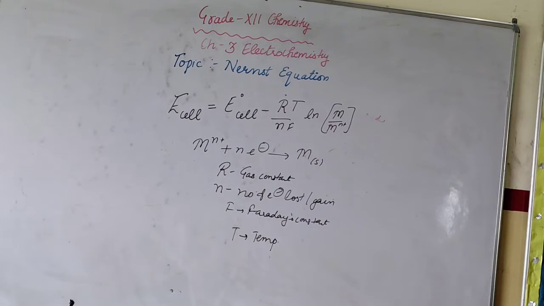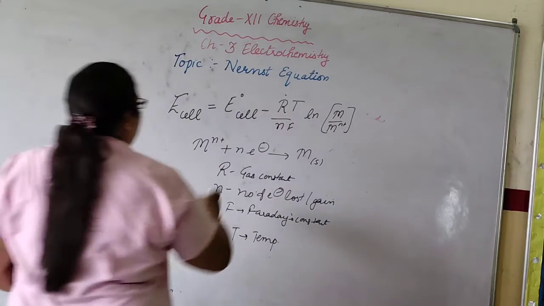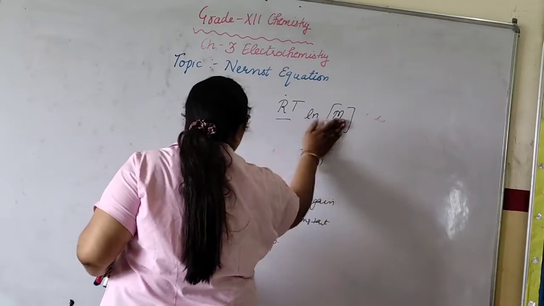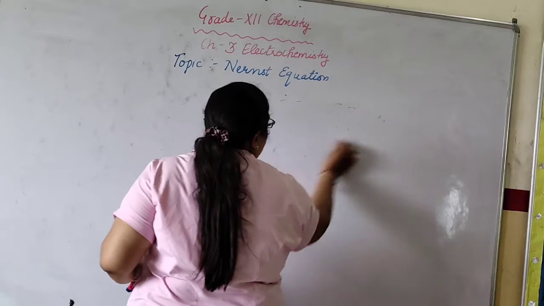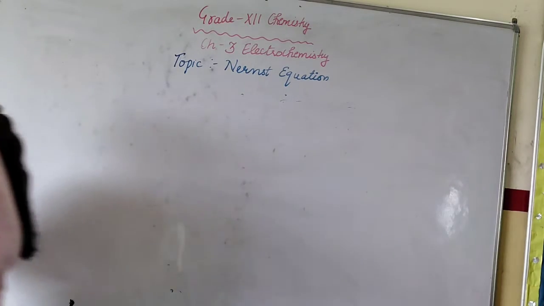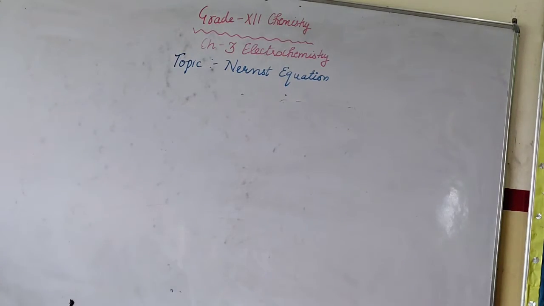Now, if I take the example of an electrochemical cell, the zinc copper couple, and I ask you to write the Nernst equation for the electrochemical cell, I am taking the example of the Daniell cell.